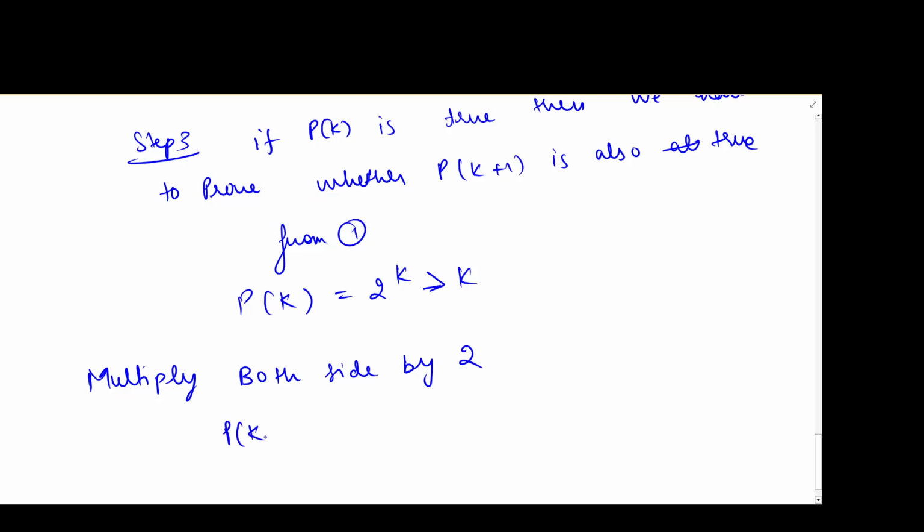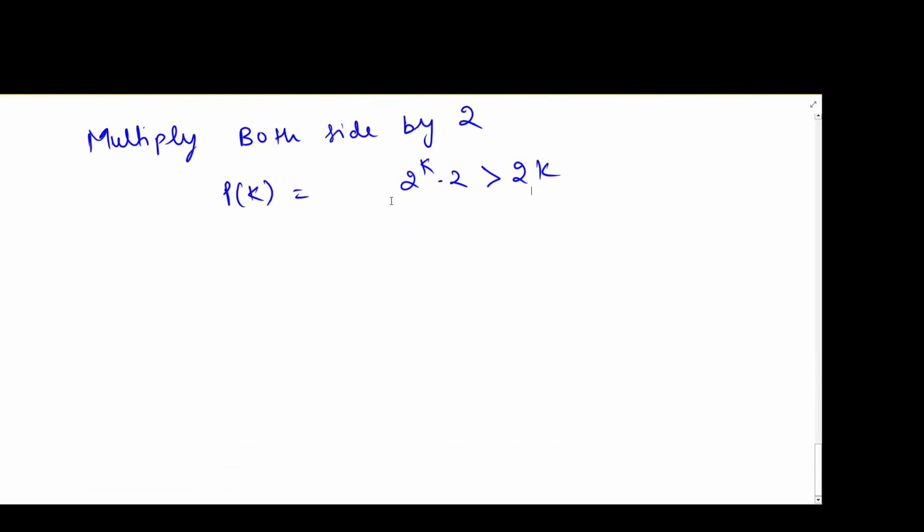So 2 to the power k times 2 is greater than 2k. This implies 2 to the power k plus 1 is greater than k plus k, and k plus k is greater than k plus 1.